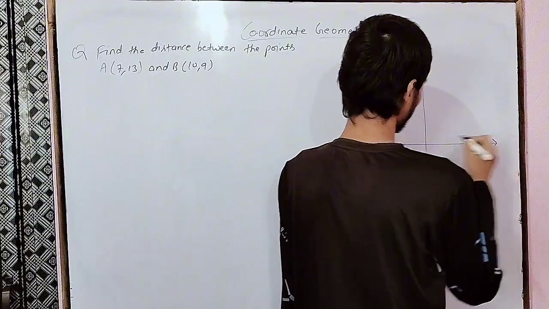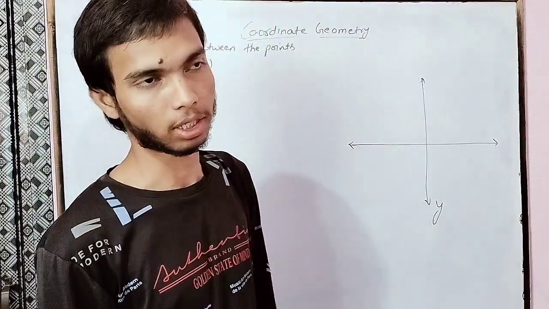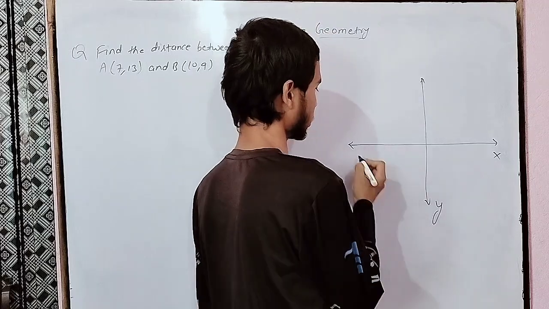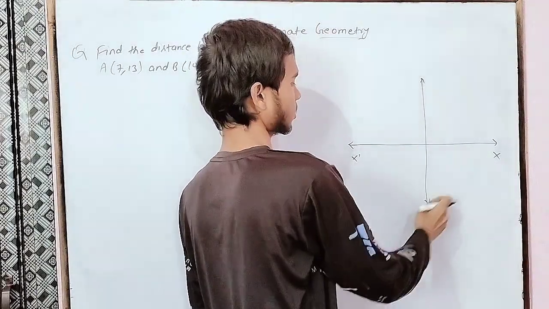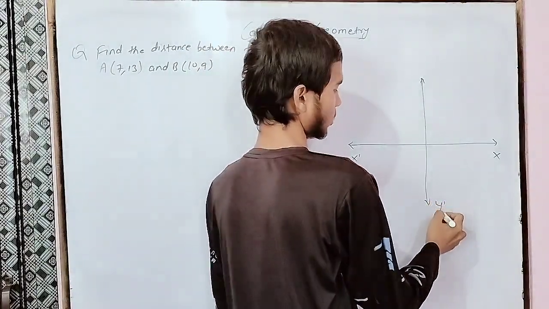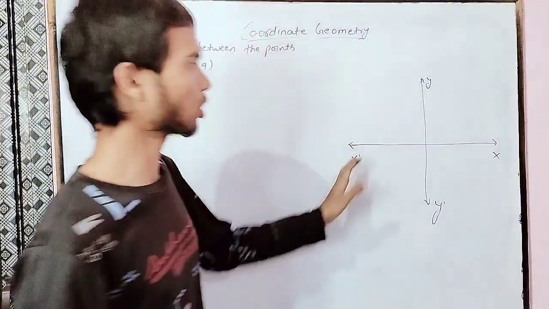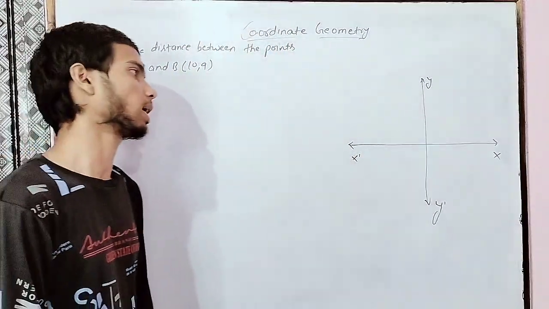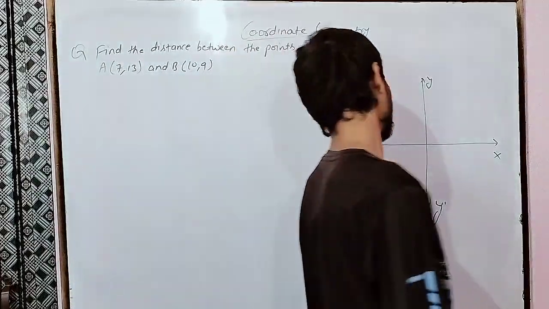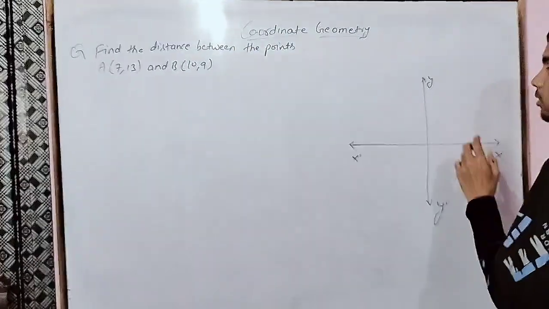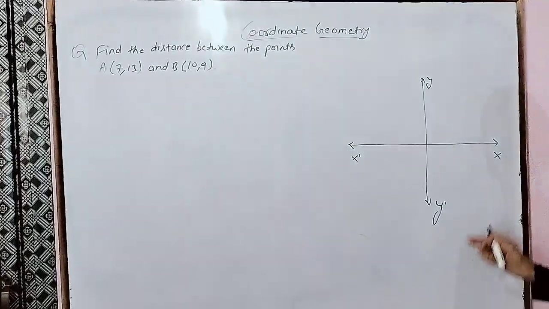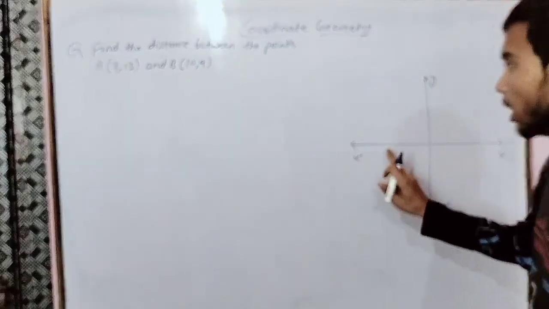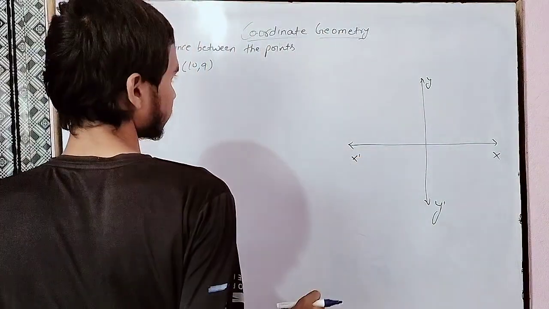And the second, which is horizontal, is the x-axis. So the horizontal line will also be considered as the x-axis. Okay, so the y-axis is vertical, the x-axis is horizontal.